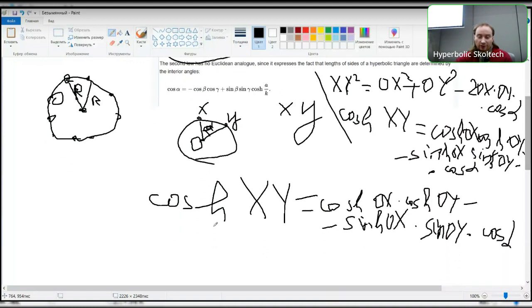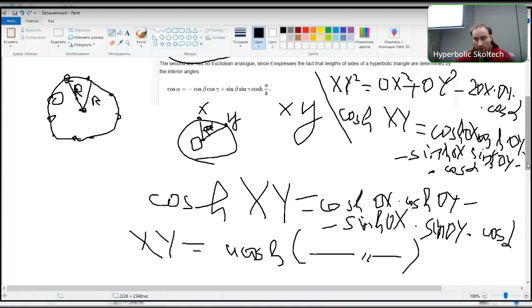And then to compute xy, you take the hyperbolic cosine of this thing, and then you compute a distribution.